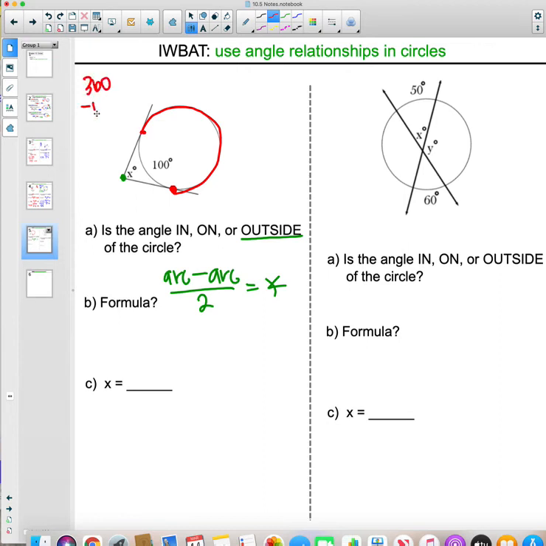So we'll do 360 minus 100, which is 260 for this outer arc. So we have 260 minus 100 divided by 2 equals that outer angle of x. So 260 minus 100 is 160 divided by 2. So you get 80 equals x.